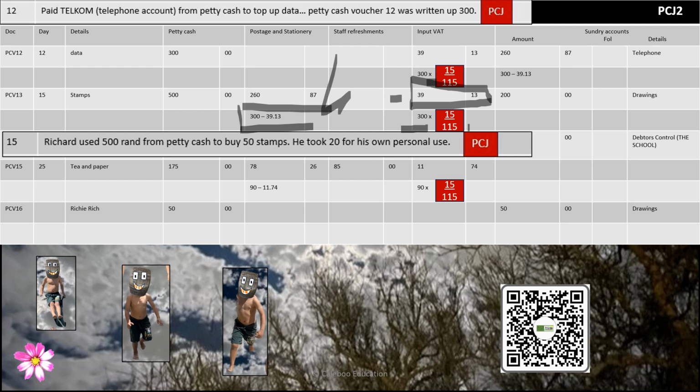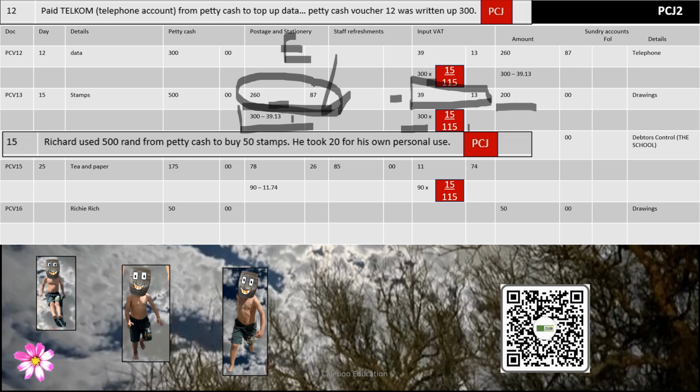What that means is the stamps I'm allowed to claim input VAT on, only those stamps that I'm going to use in the business. Then to get the postage and stationery amount or expense for Calibu Education, we say 300 minus 39 Rand 13 is 260.87.